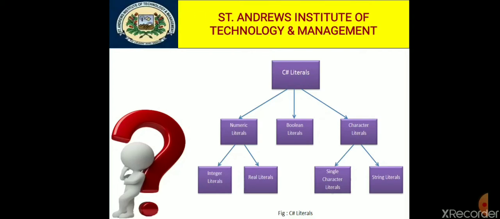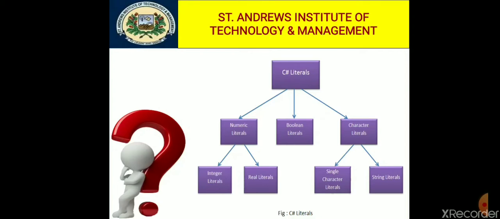The numeric and character literals are also categorized into subcategories. In numeric literals, integer literals and real literals are a part of numeric literals, and single character literals and string literals are a sub part of character literals. We will discuss them in detail.